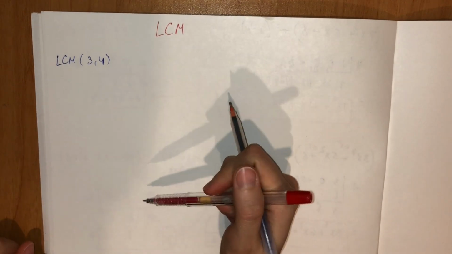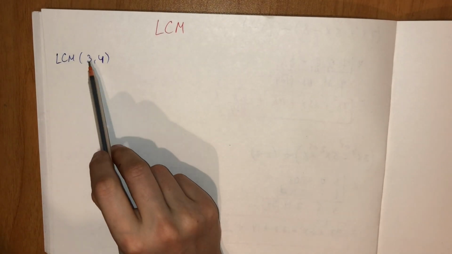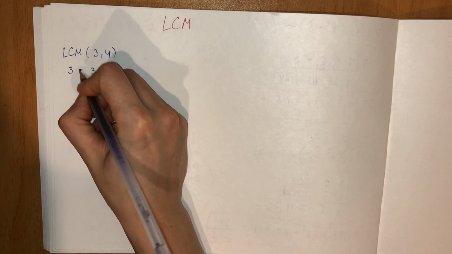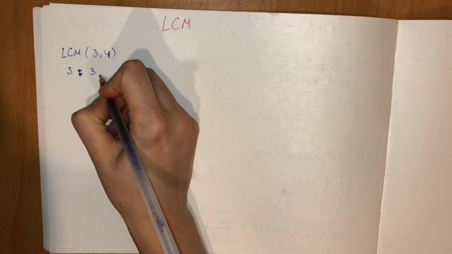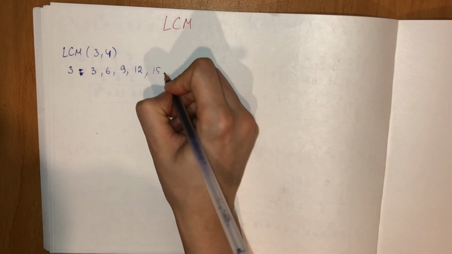And in this part we will study the least common multiple, how to find the least common multiple of 2 or 3 numbers using prime factorization. Let's find the multiples of 3. It is 3, 6, 9, 12, 15, and so on.